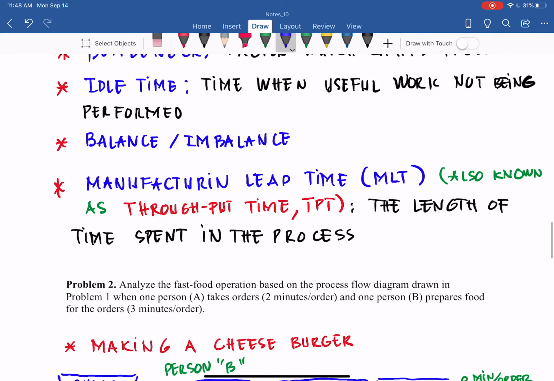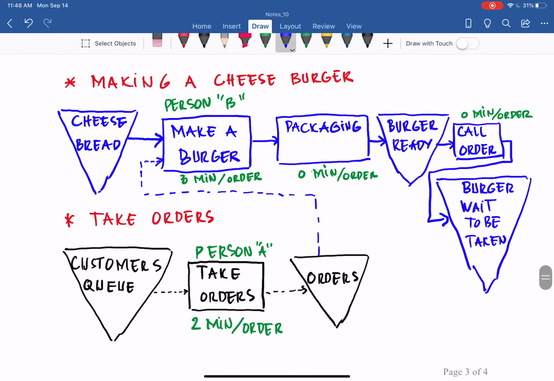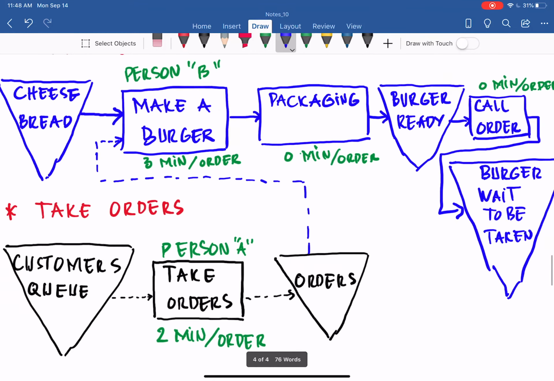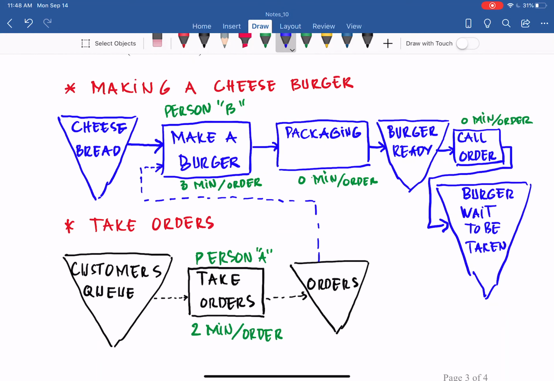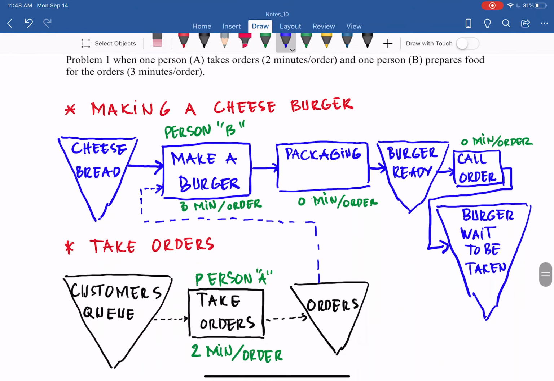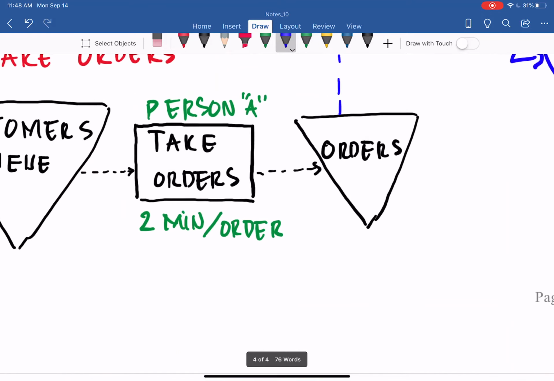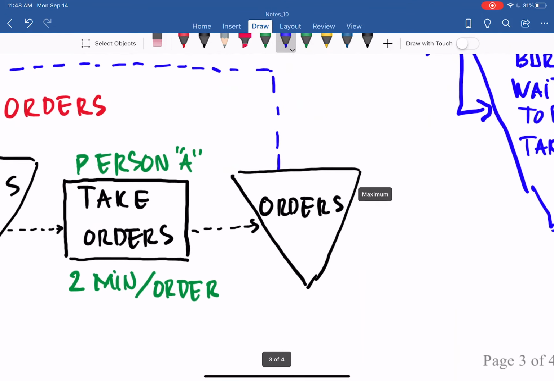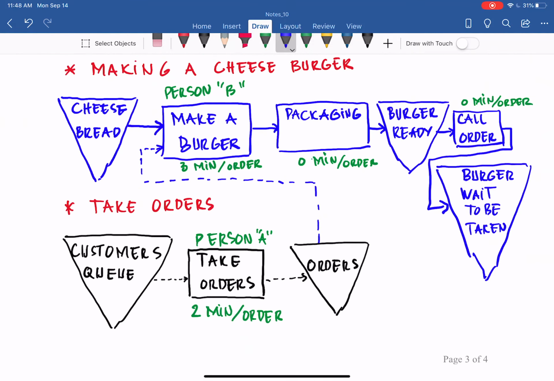Let's see the order: the customer takes the order, then the order waits here, and goes to make the burger for 3 minutes; taking the order takes 2 minutes. Not for the first order, but from the second order on, the order takes 2 minutes in take orders, waits 1 minute in the order inventory, then 3 minutes making the burger, and everything else is 0 minutes.